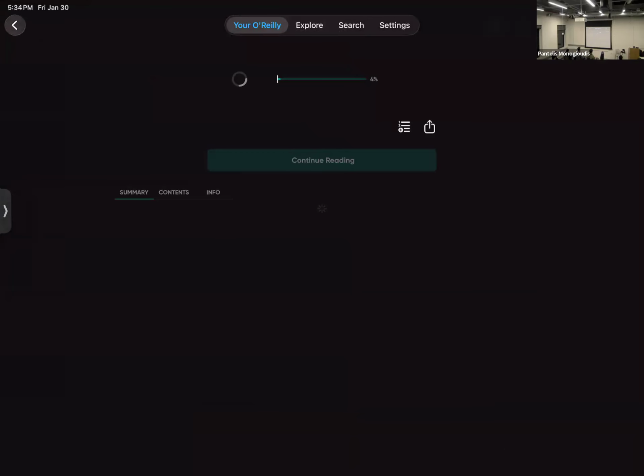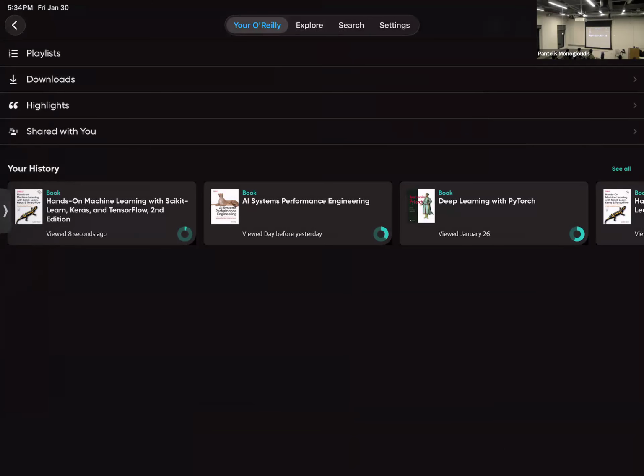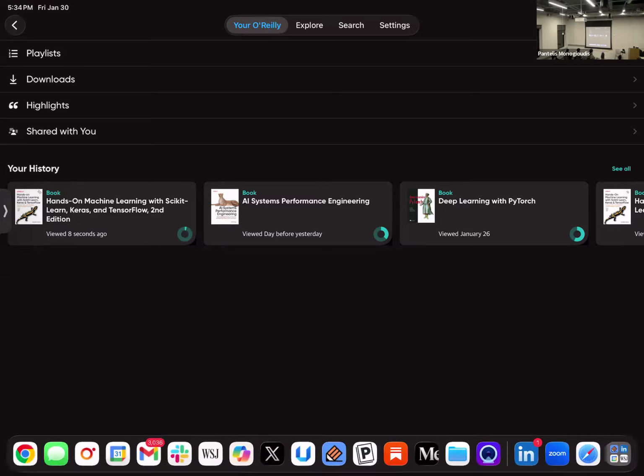AI Systems Performance Engineering. That is the book that is going to teach you some elements of AI ops: how to tune these models, which are pretty gigantic, to give you good inference performance at a reduced cost. And many of the quantization discussions are happening there.